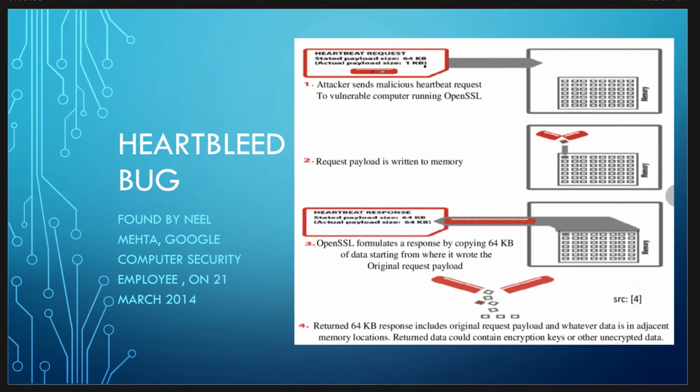Then the request payload is written to memory, and the server formulates a response of 64K that copies 64K of data starting from where it wrote the original request payload. The returned 64K response includes the original request payload and whatever data is in the adjacent memory locations. Returned data could contain encryption keys and other encrypted data.